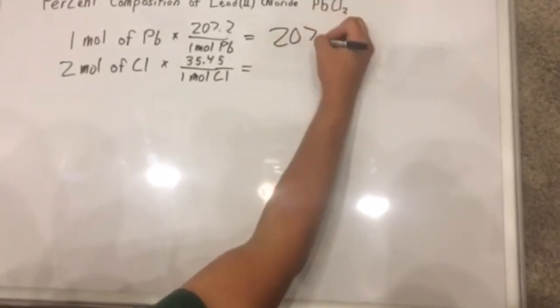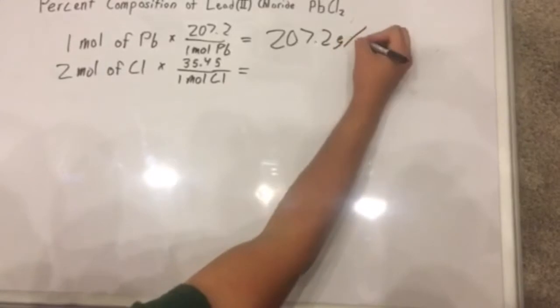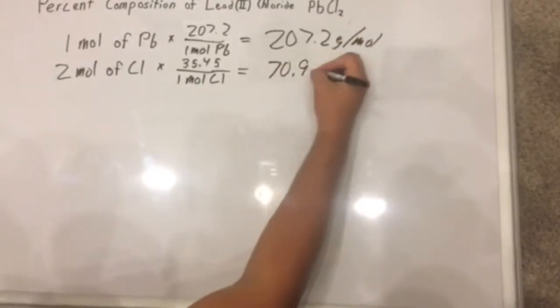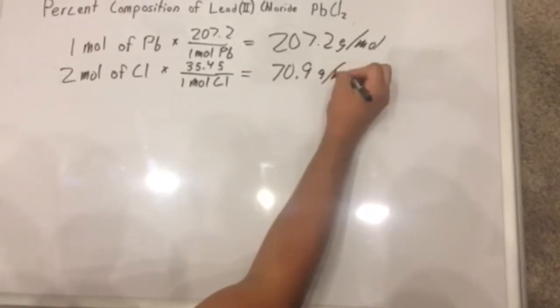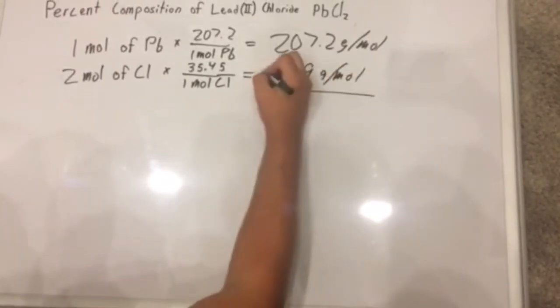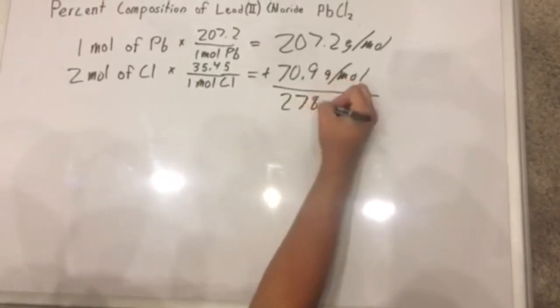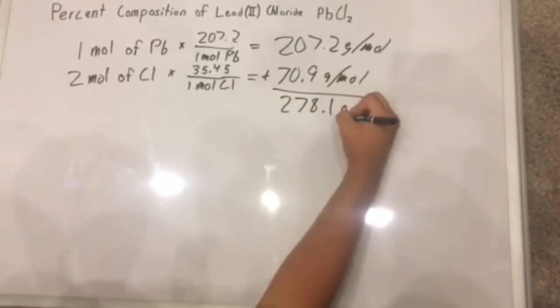One mole of lead times 207.2 over 1 mole, and 2 moles of chlorine times 35.45 over 1 mole. Then add both of these answers together and get 278.1 grams per mole of lead-2 chloride.